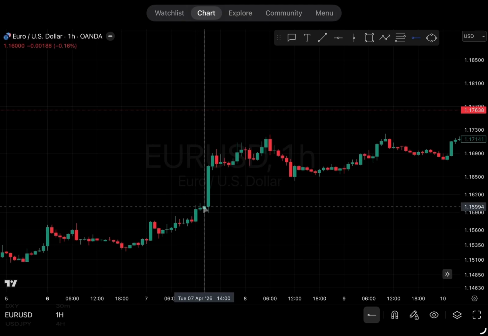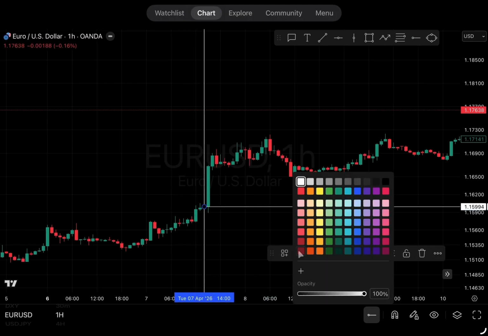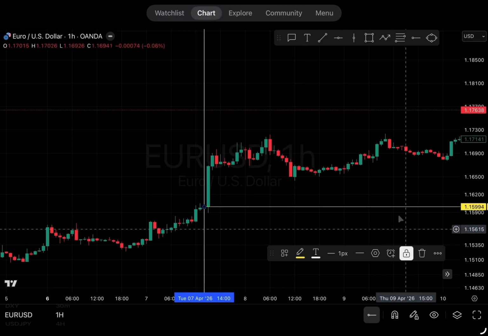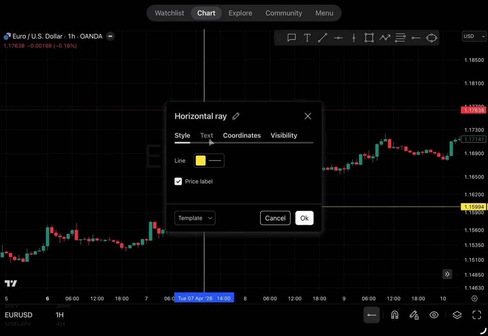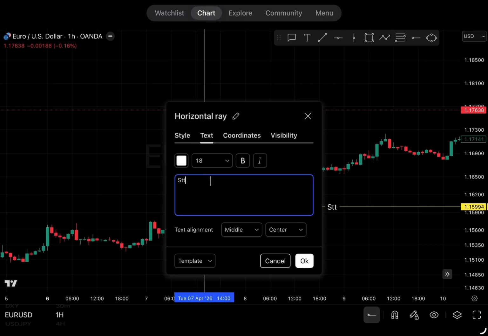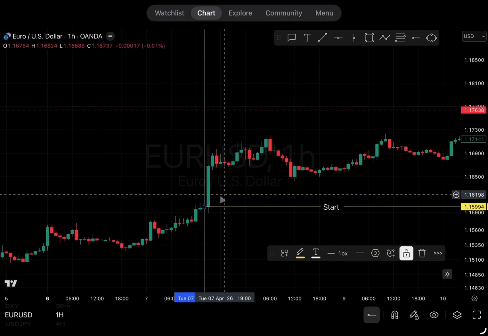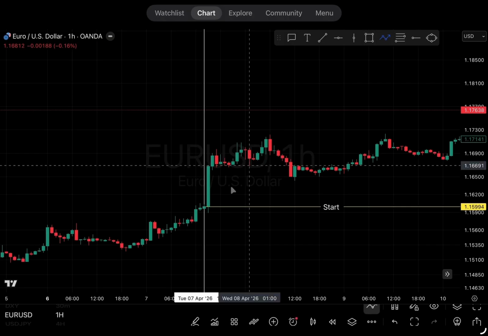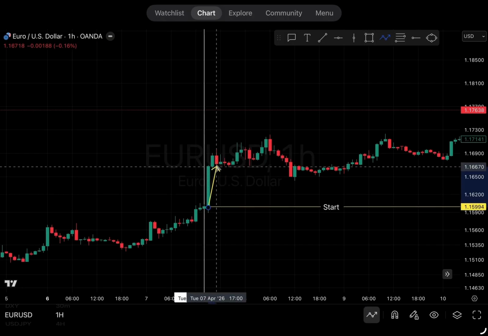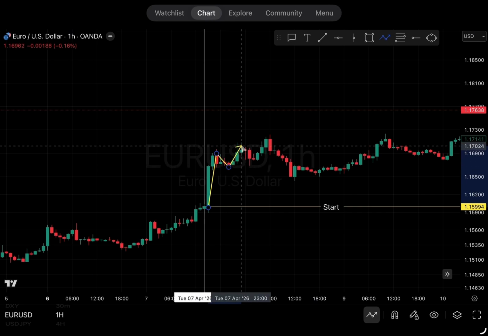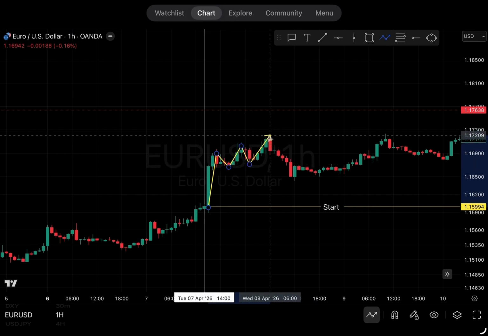I'm gonna make it yellow. Okay, this is our starting point. We're going up towards a buy, and our buy goes like this. It goes down a little bit, goes up, down a little bit, up, until you reach this candlestick right here.